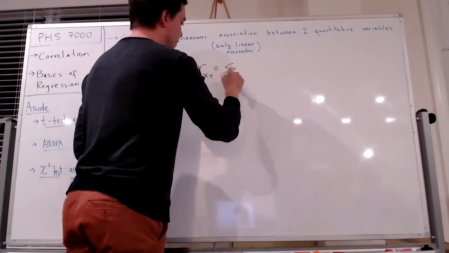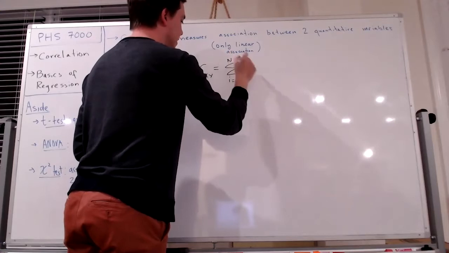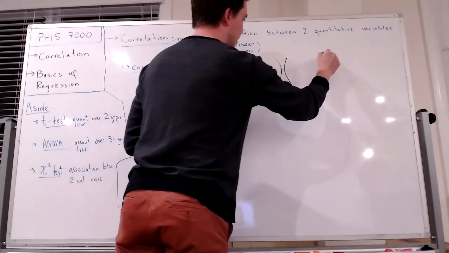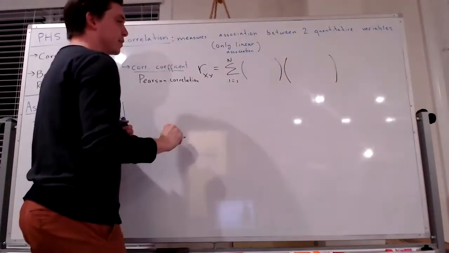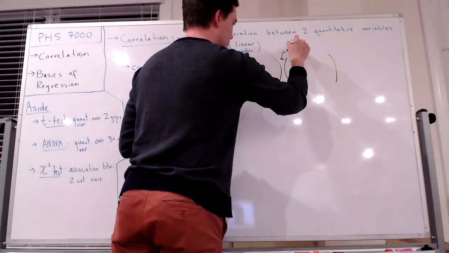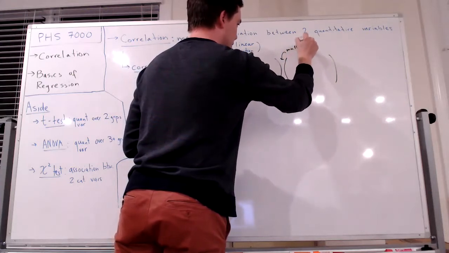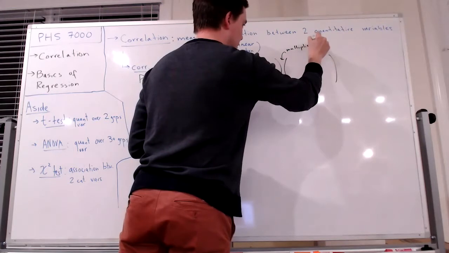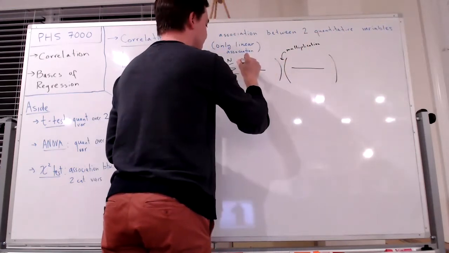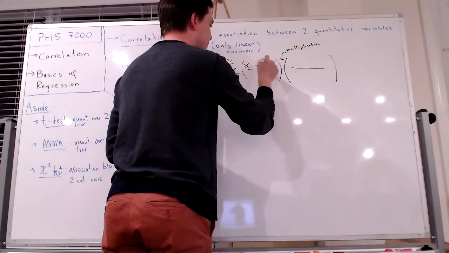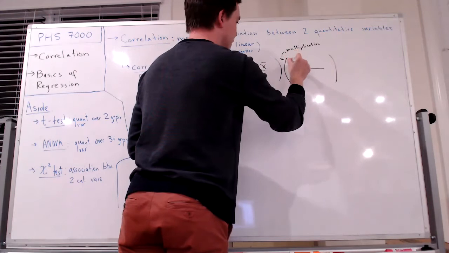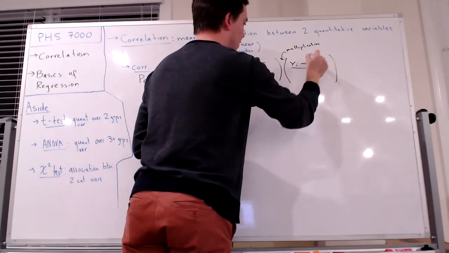All right. So the reason why I put these formulas down is so we can get an idea, just an intuition about what's going on. And there's a multiplication here. All right, so this is my X variable. This is my Y variable.